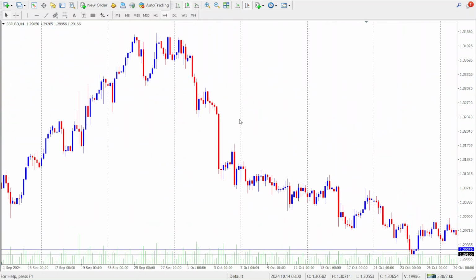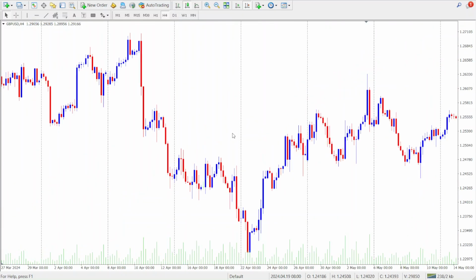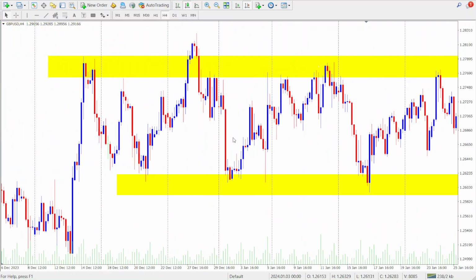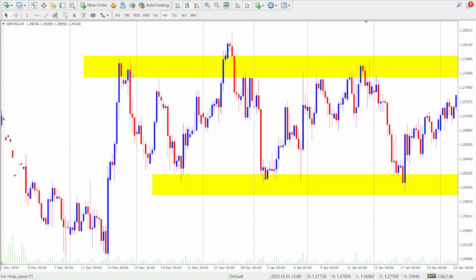For example, candles that are long in length show strong momentum. So you can see that there was significant momentum here around this supply zone, and significant momentum here around this demand zone. So look out for momentum. It tells us whether there is an imbalance between buyers and sellers.